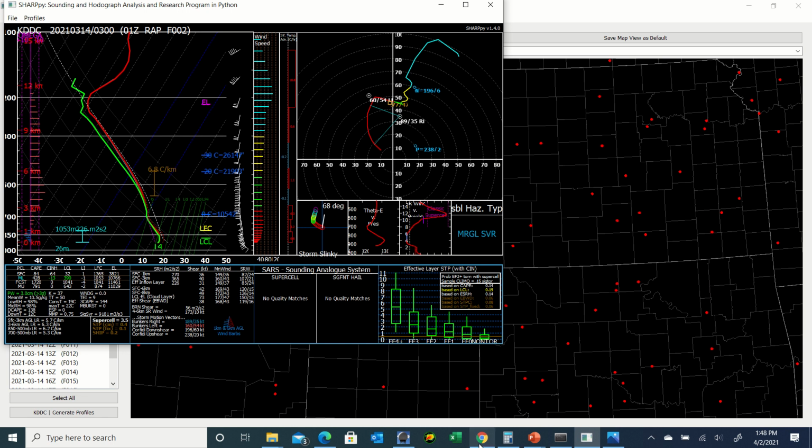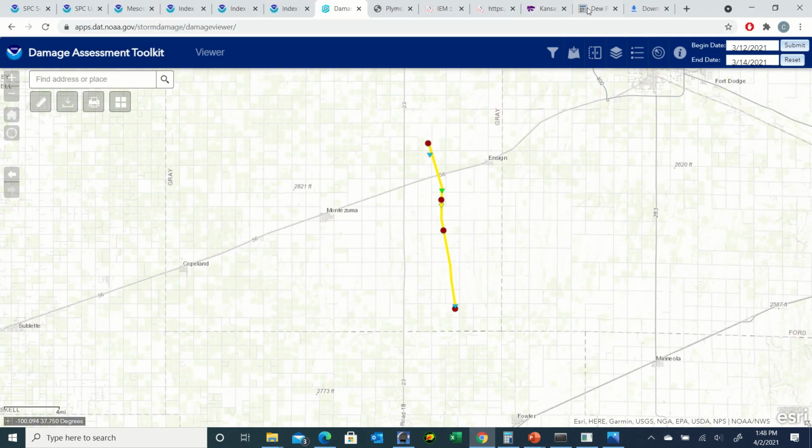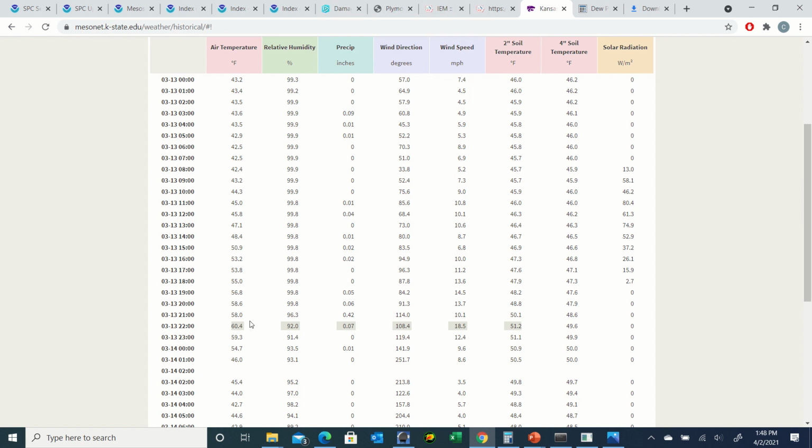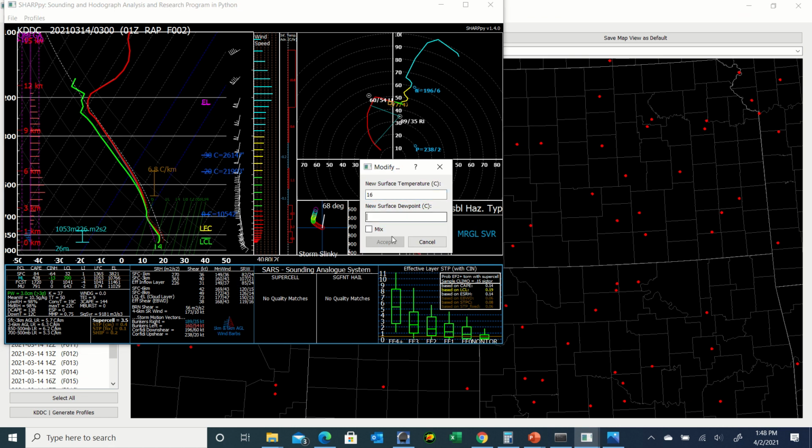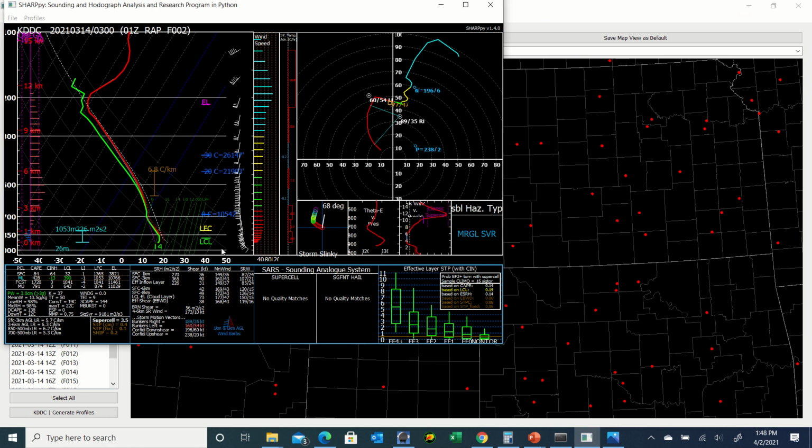And I went on the Kansas mesonet and pulled up obs from Meade, Kansas, which would have been south of the front. And they were roughly 60 Fahrenheit with a 92% relative humidity. So that's about a 15-degree dew point. So if I modify this, you'll see what I had initially. Now, obviously, this is probably not a very realistic contact layer.